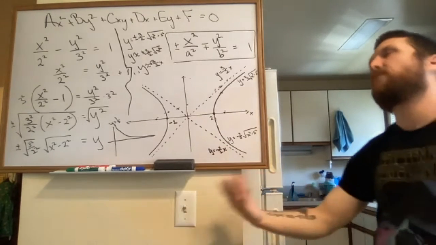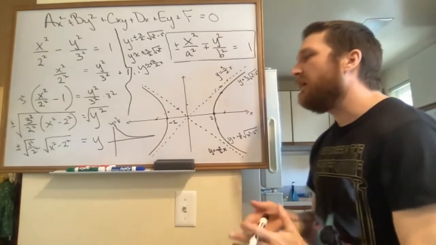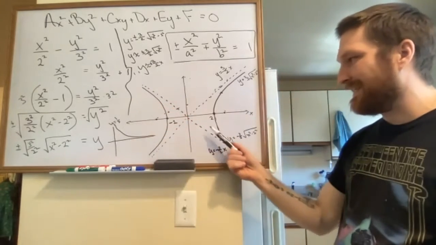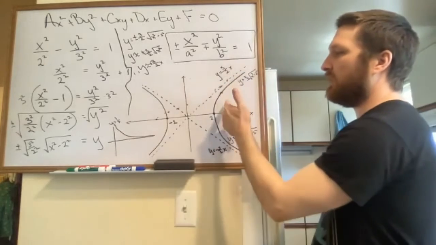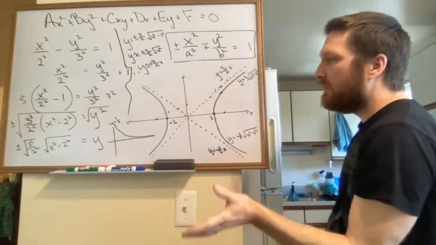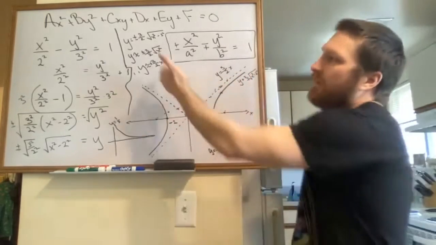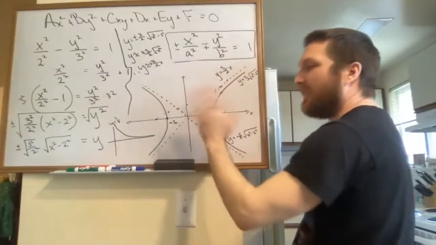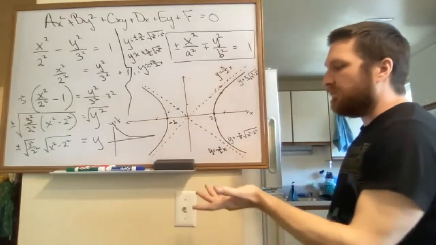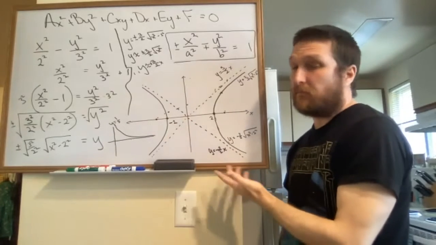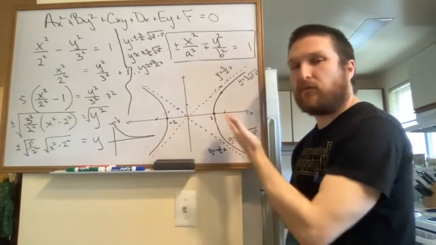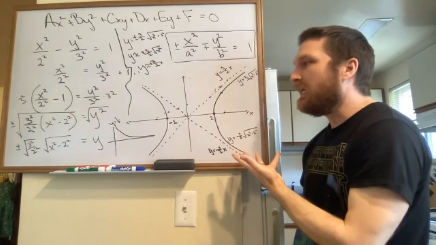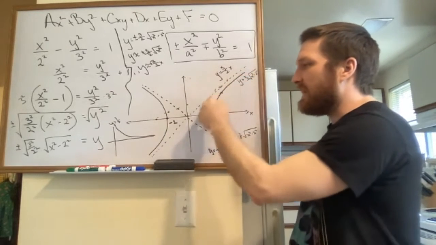We could do some extra argumentation to show that the same is true over here, that these are indeed the same lines. All I was working with were the positive parts. It comes from the fact that this is squared, so you could plug in negative numbers, but we're not really going to get into that. If you don't believe it, we could go into it more, but I think it's pretty obvious from the graph that this has to be the same line.